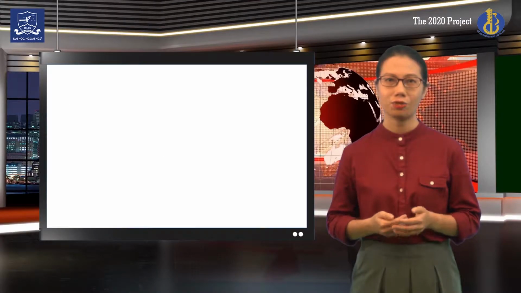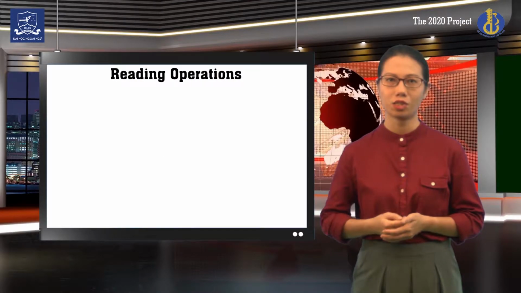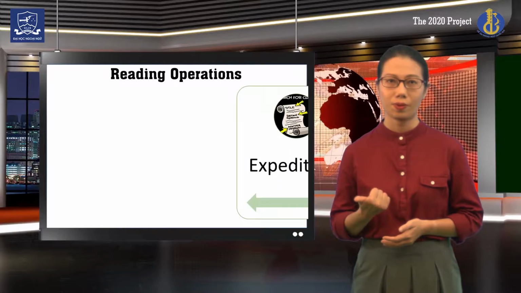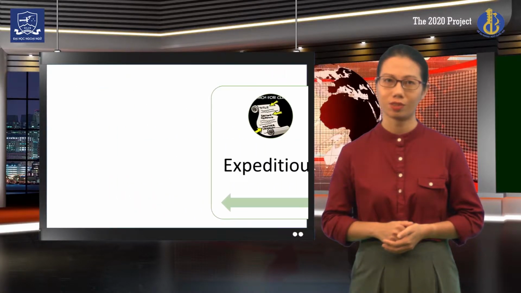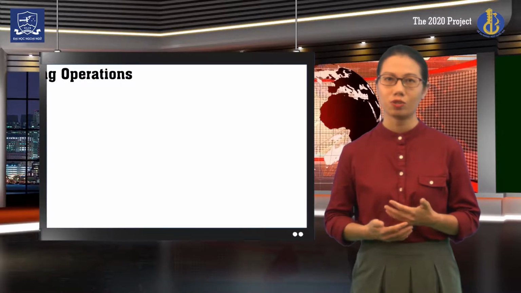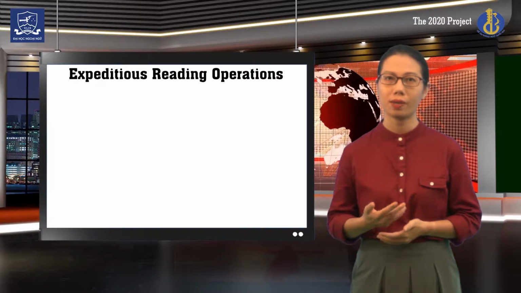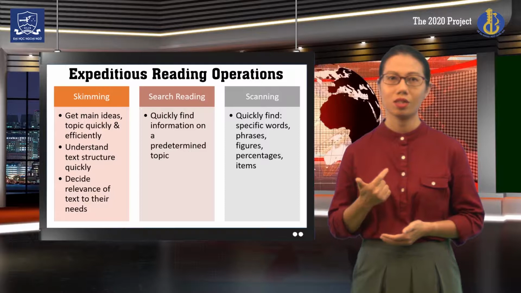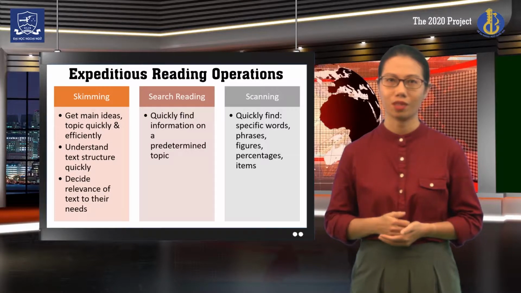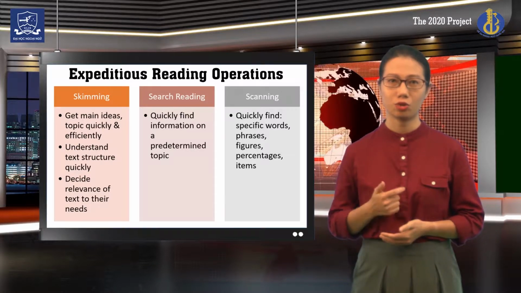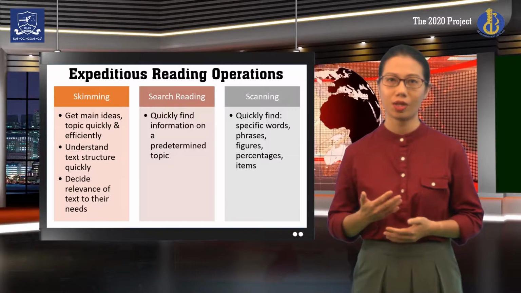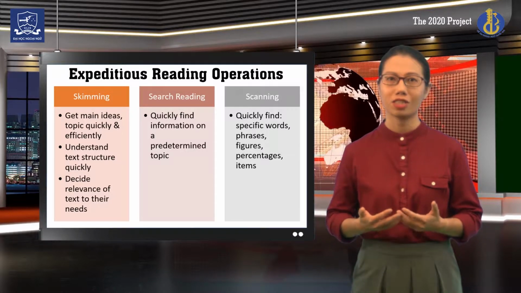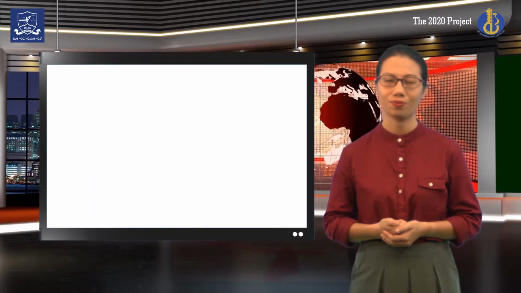Hughes divides reading skills into 2 big categories, which he calls expeditious reading operations and careful reading operations. Expeditious reading operations involve 3 main skills: skimming, search reading, and scanning. One important note that you should keep in mind is that any serious testing of expeditious reading must contain time pressure.